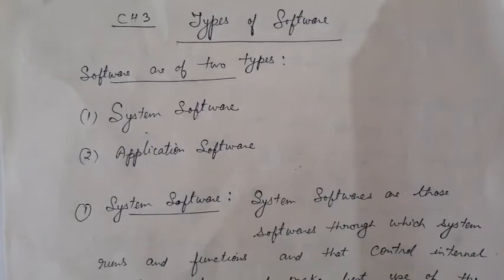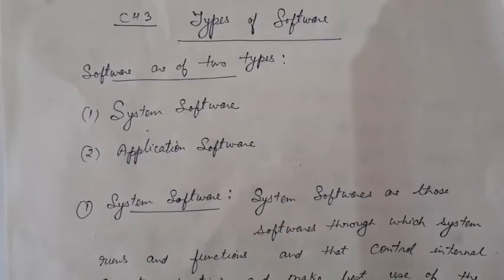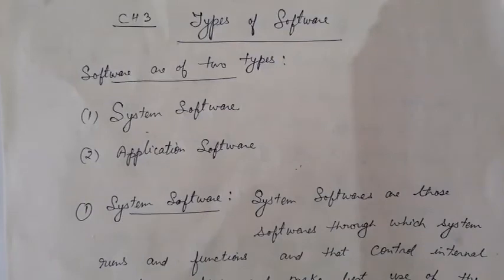Now the question arises: why do we need to install software? The answer is we need to install software so that we may be able to complete our tasks. There are many tasks which we have to complete through the computer system, so that is why we install software.